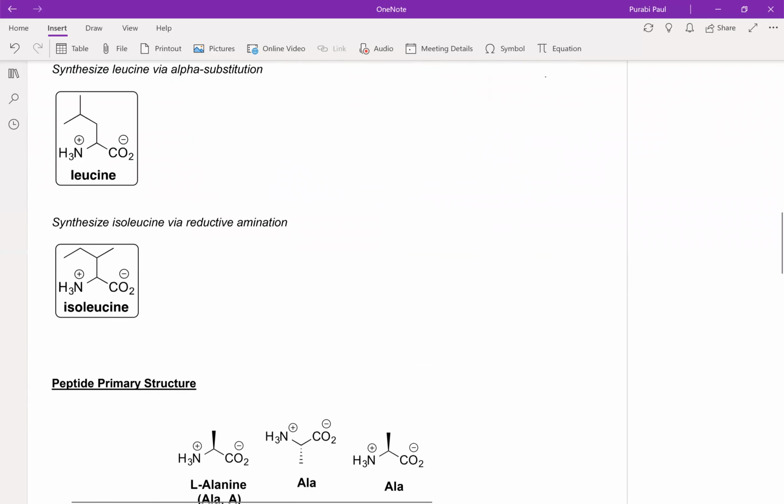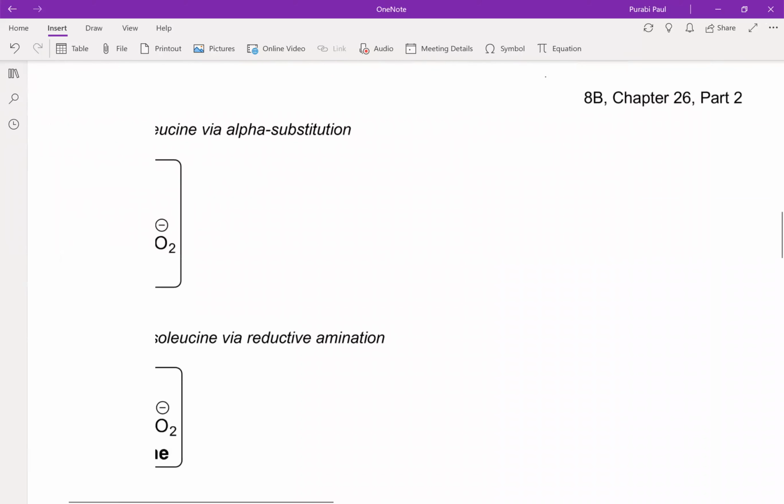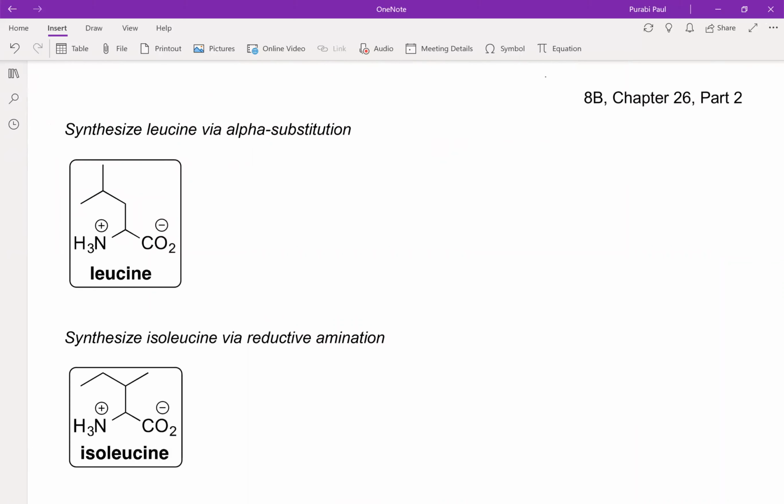So let's do a couple of examples. It's asking you to make leucine via alpha substitution. Remember, for alpha substitution, we have a carboxylic acid, and wherever the R group is comes from the carboxylic acid. So that means your starting material will be this. The only thing you append is an amine through an SN2. So your starting material has to be a carboxylic acid with that chain on it.